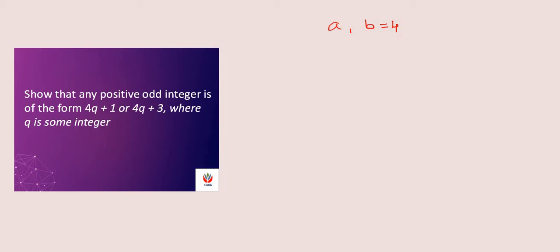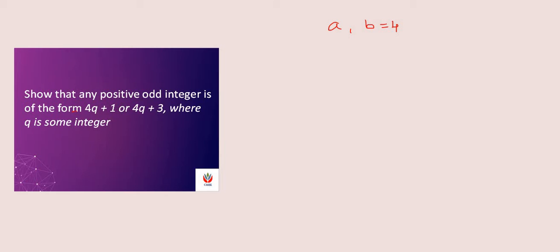That depends on the question. Based on the question, here it is in the form of 4q plus 3, 4q plus 1, so you will get some hint in the question. You have to decide b is equal to 4. Sometimes b is equal to 2. Generally 2, 3, 4, not more than this. That is based on the question.